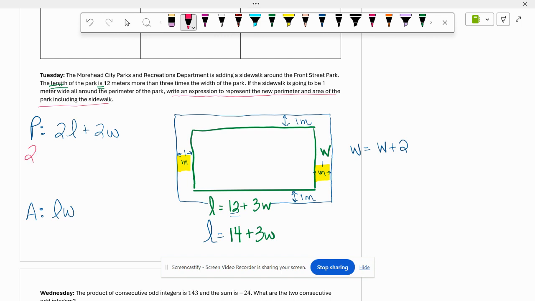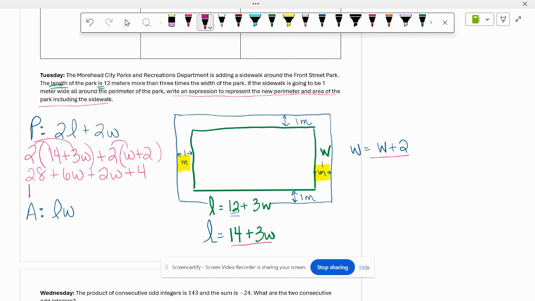So 2 times my length, which is 14 plus 3W, plus 2 times my width, which is W plus 2. So let's see, when I distribute, I get 28 plus 6W, distribute again, plus 2W plus 4.